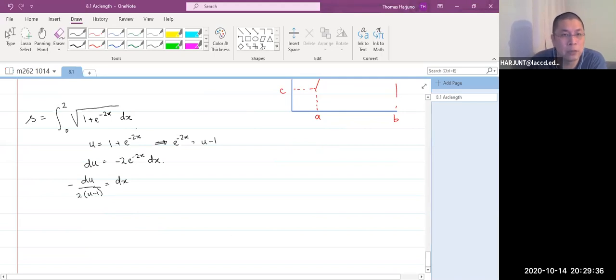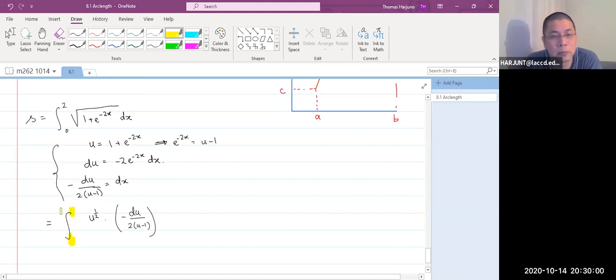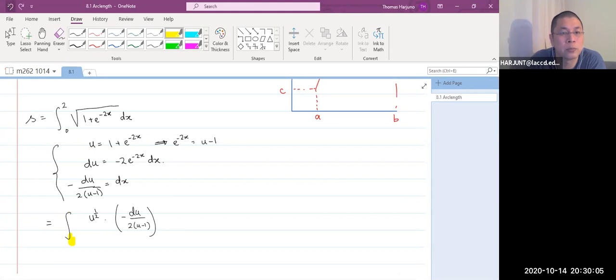With this kind of substitution, I get the integral of u to the power of 1/2 times negative du over u minus 1. And then, of course, I need to change the limits of integration. This will be 2 here.